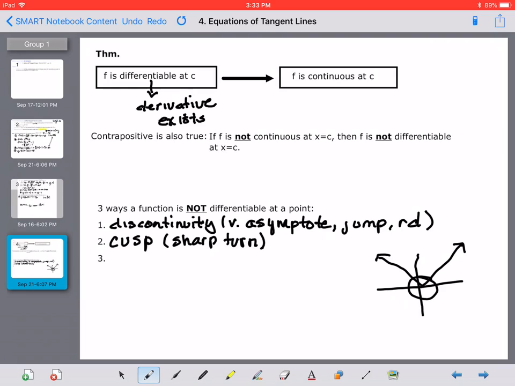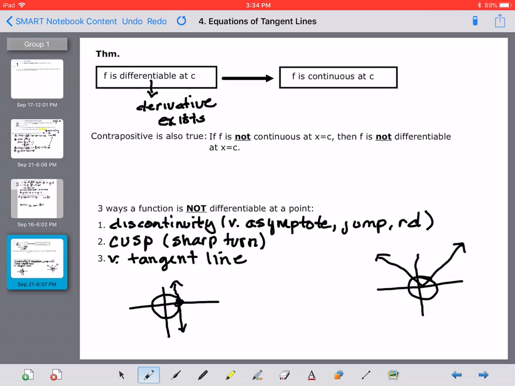And then 3 is a vertical tangent line. Anytime we have a vertical tangent line. If we think about a graph like a circle, and we have a tangent line at that point right there, we get a vertical tangent line.